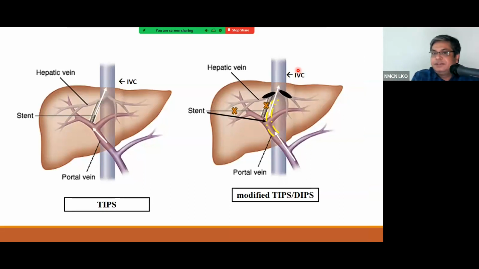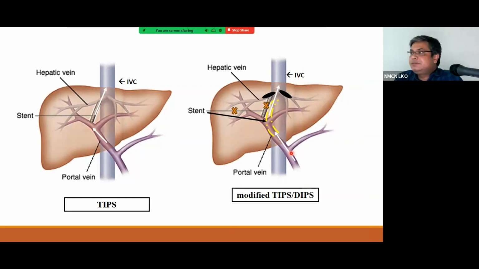In those cases where we can't perform angioplasty or stenting, or where we have to do straightforward TIPS, how do we do it? In conventional non-BCS CLD, we do TIPS, and in such cases hepatic veins are patent, and the shunt pathway is created from hepatic vein to portal vein.